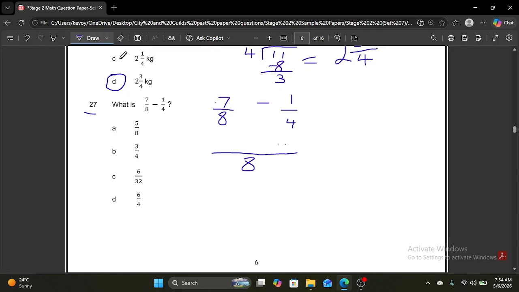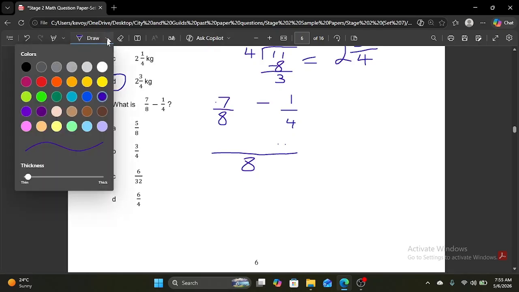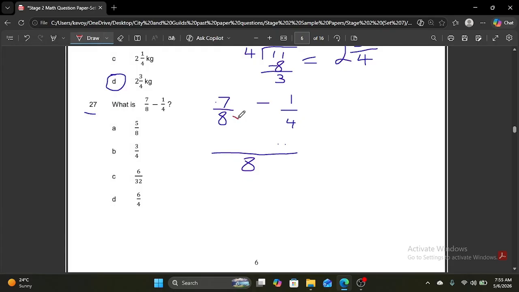So what do you multiply? Let's change the color. 8 times 1 is 8. Anything you multiply at the bottom, you're going to multiply at the top as well. So 7 times 1 is 7.